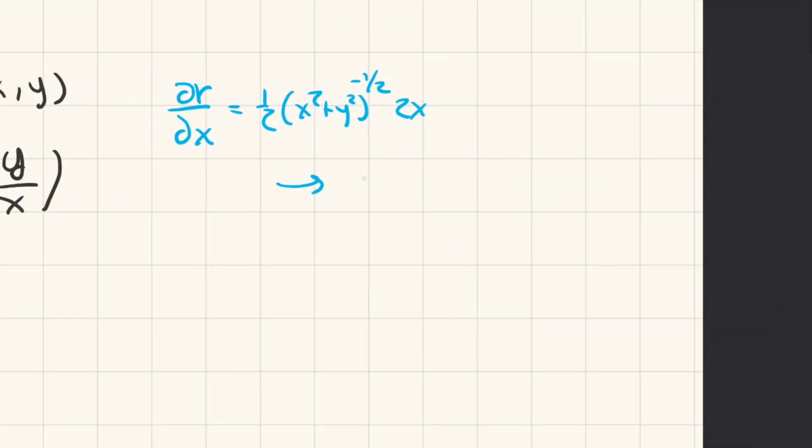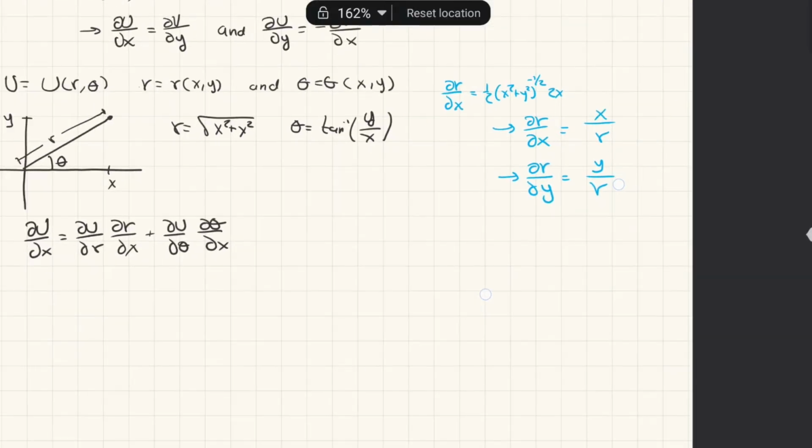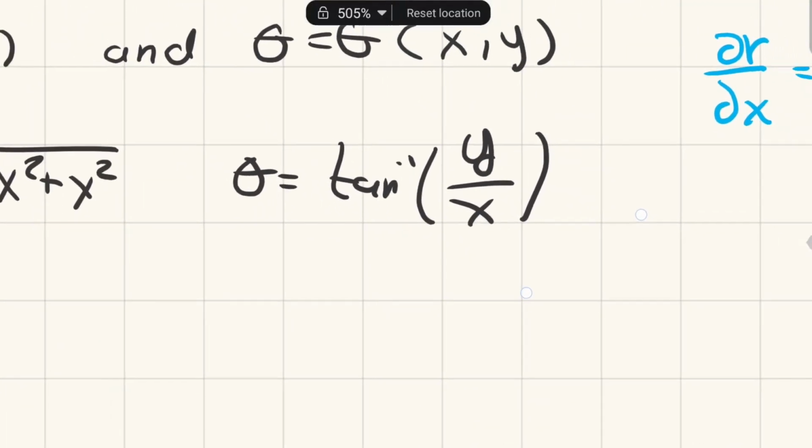So if we simplify quickly, dr/dx is equal to x divided by r, right? Because r is the square root of x squared plus y squared. And then from here, we know easily that the derivative of r with respect to y is going to be y divided by r.